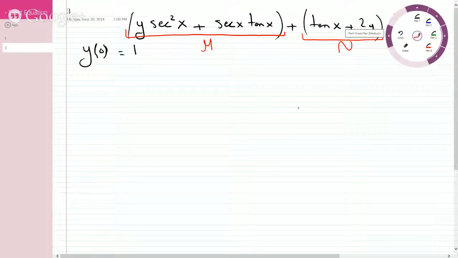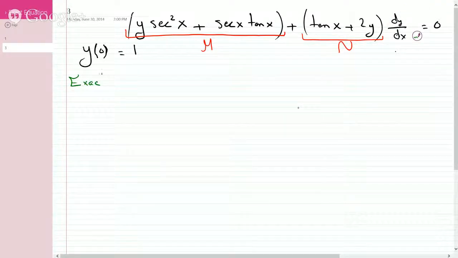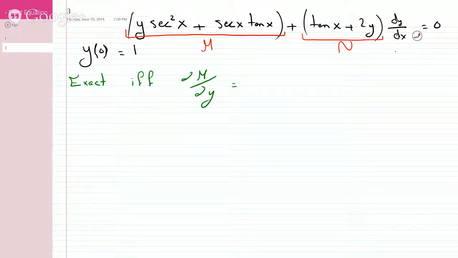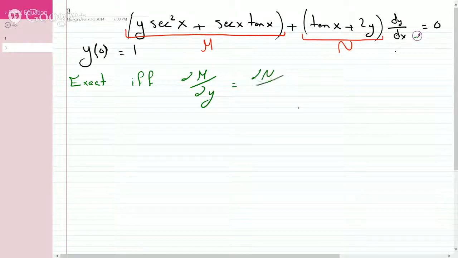And now we check to see if it's exact. And we know it's exact if and only if dM over dy has to equal dN over dx, the partial of N with respect to x.